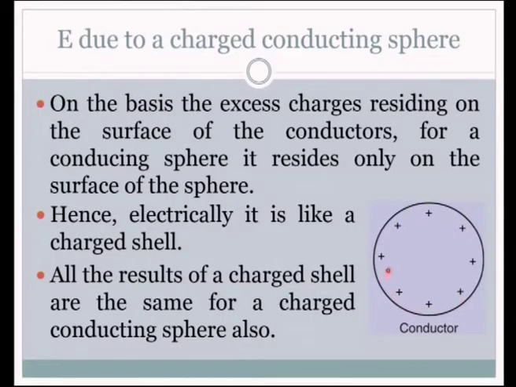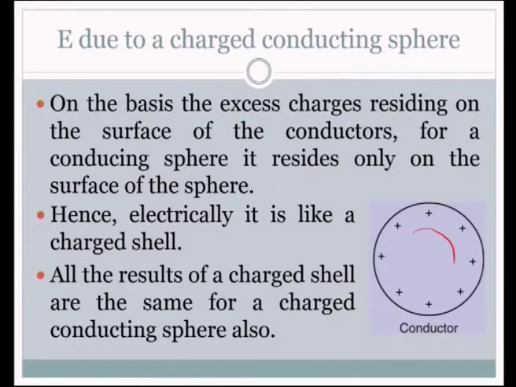Just now we have seen the case of the charged shell. Inside the shell it is 0. In the same way here also, have a look at this diagram. It is actually a solid conducting sphere, but the charges reside only on the outer surface. Inside it is 0. I would like to show the Gaussian surfaces for them.